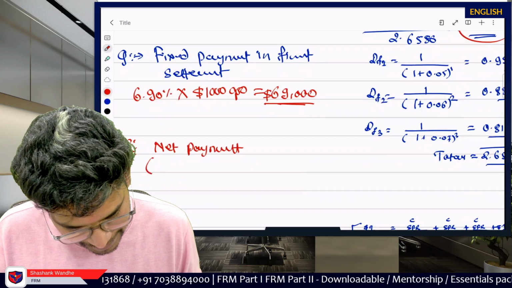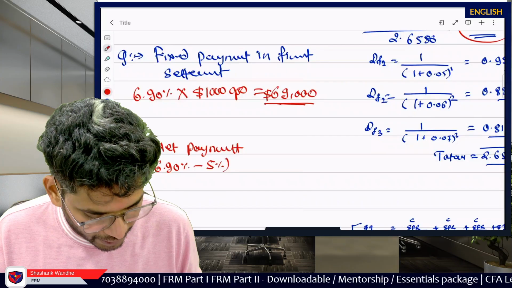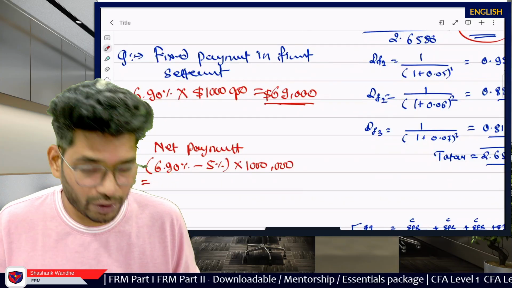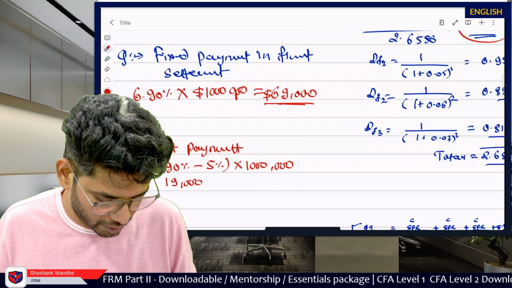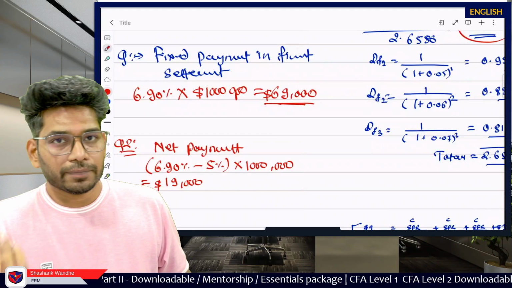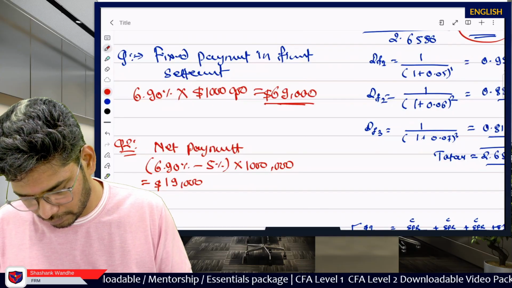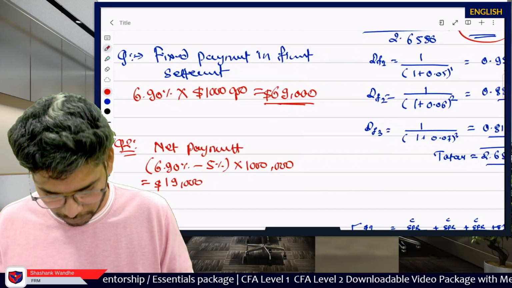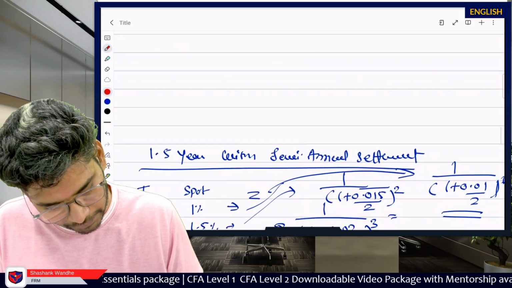So you pay 6.90% minus you receive 5% multiplied by the same notional amount is equal to 1.90%. So it is $19,000. Okay, that's it. This is very simple, net payment part. Okay, then the most crucial part.